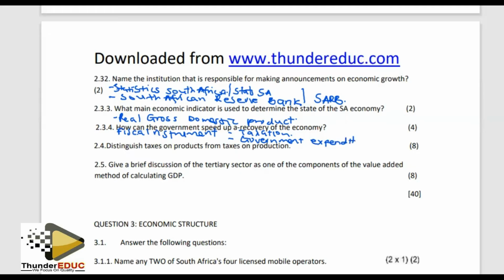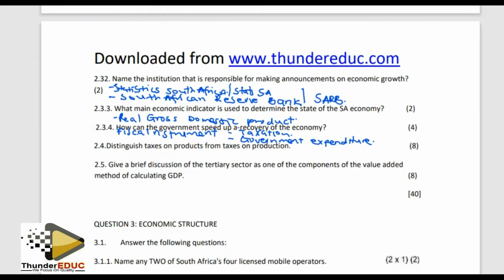We need to explain how the government deals with taxation in order to speed up recovery of the economy, in order to push the economy in a positive way. How can it do taxation? We can do that by reducing taxes on consumer goods so that people can have enough income to purchase.